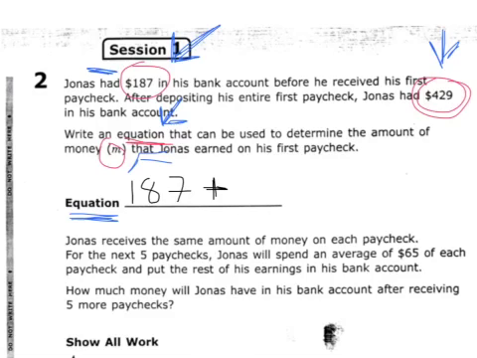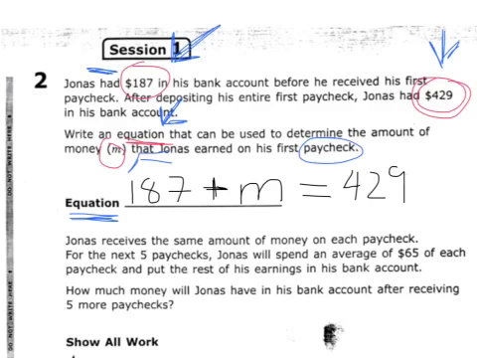And it also says an equation that we can use to determine the amount of money that he earned on his first paycheck. So how much is that first paycheck? That first paycheck is M. So $187 plus M equals, it's going to be that 429. So this is our equation, because it says after depositing his entire first paycheck, he had $429 in his bank account. So the equation is 187 plus M equals 429.